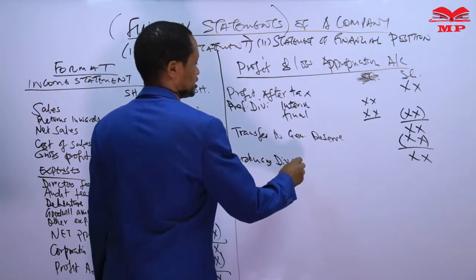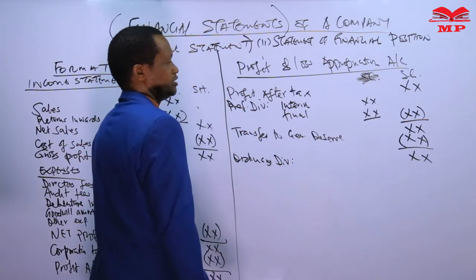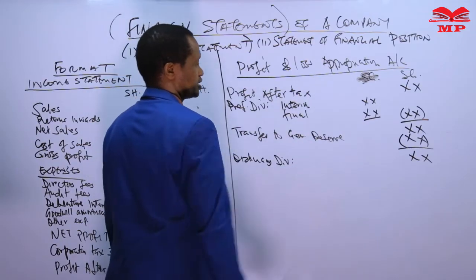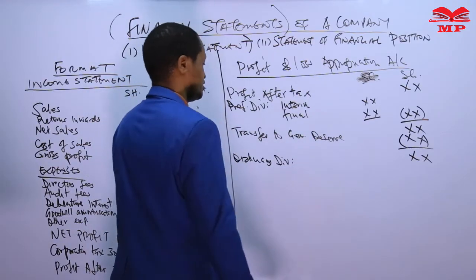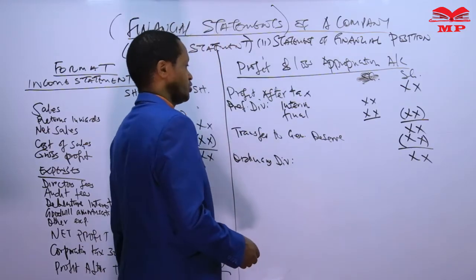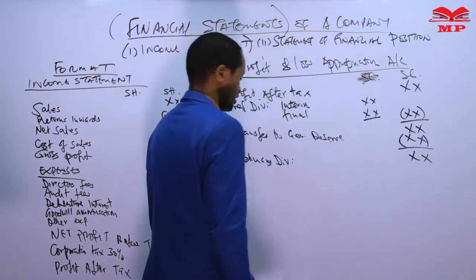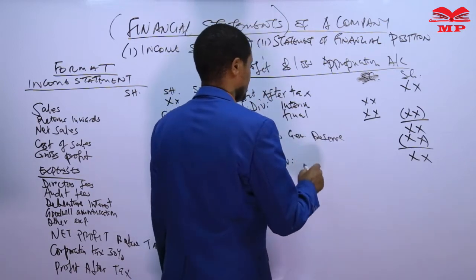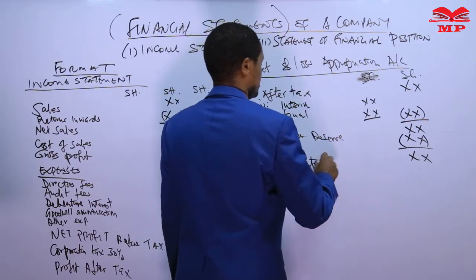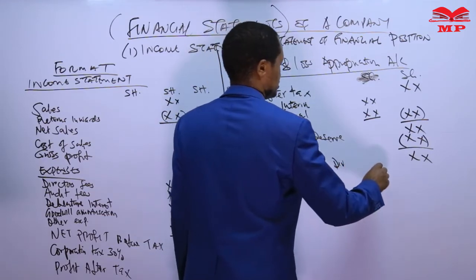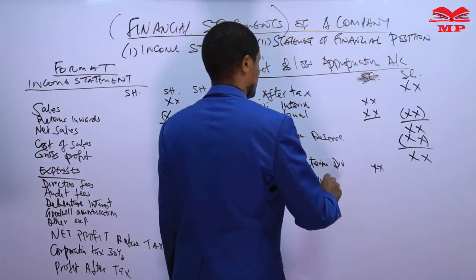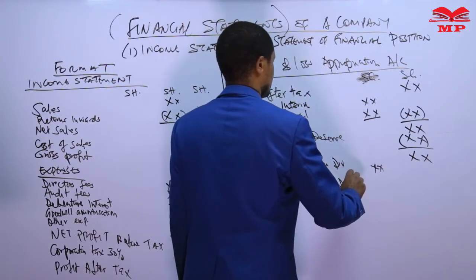The directors can decide to pay all the profit to the owners in form of dividends. That is 100% payout ratio, or a portion can be paid. So we can have here the interim dividend, add the proposed dividend or the final dividend.